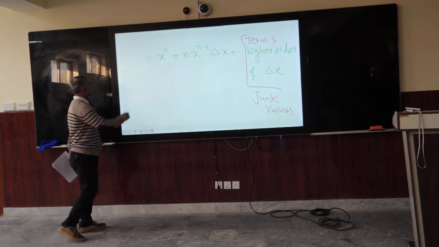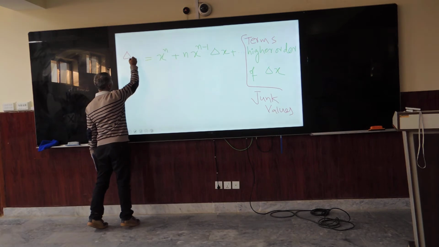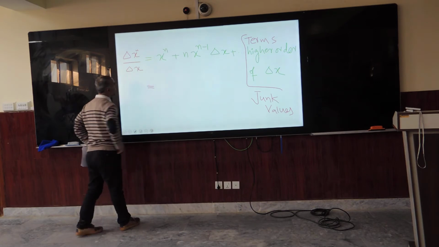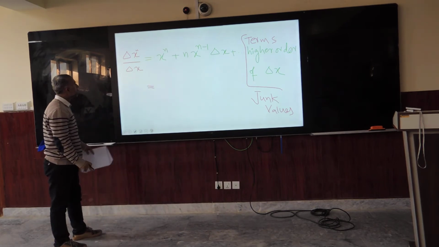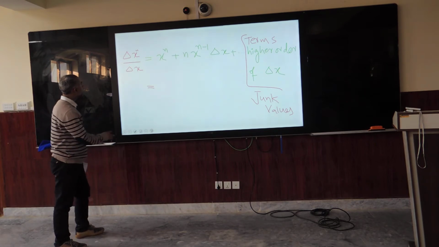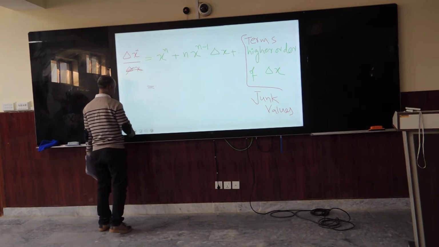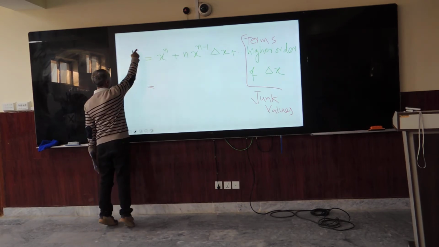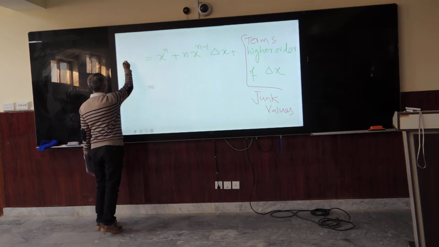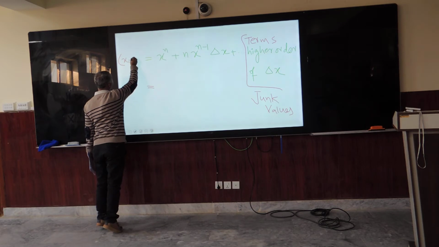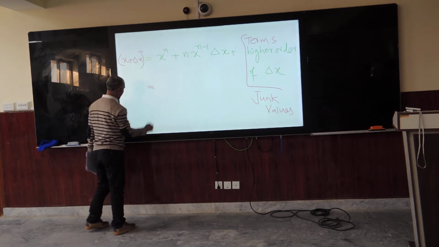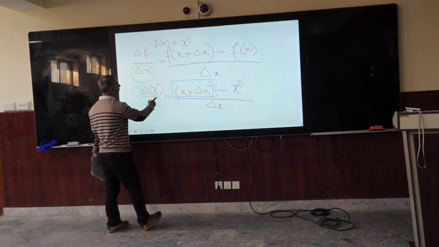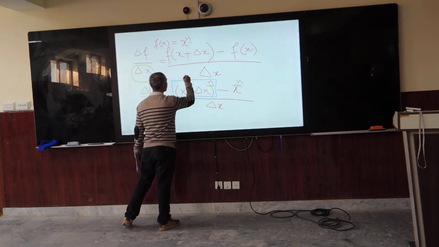So on our left-hand side you can say delta x and our delta x. This is all the representation of (x plus delta x)^n, and as we consider here, we expanded this with the help of the binomial theorem.